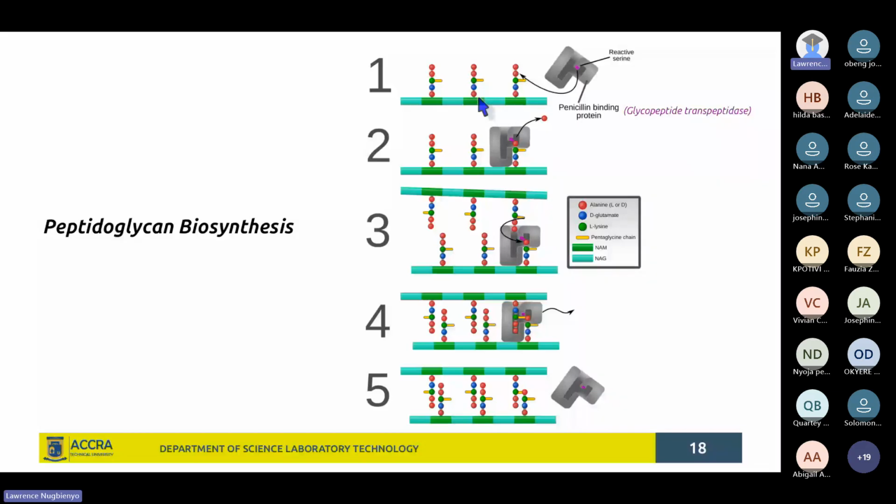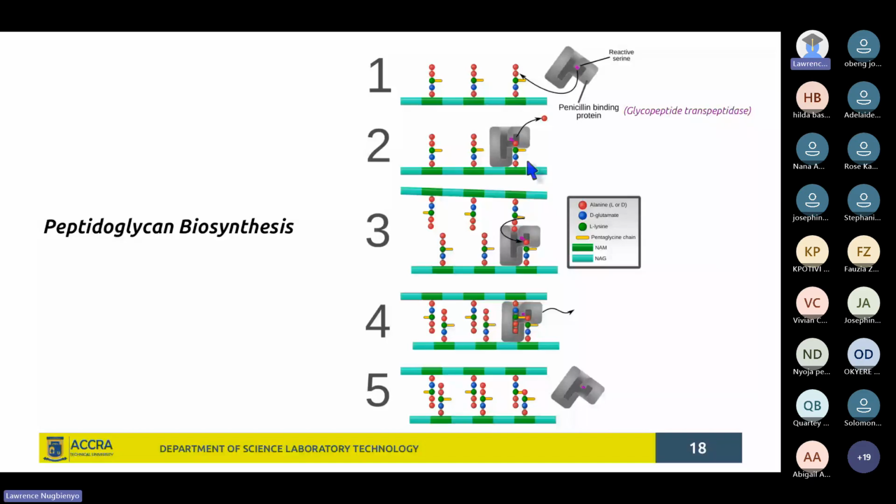Then on the N-acetylmuramic acid residue, you have the tetrapeptides. I think it's a pentapeptide, but of course, when they bind, you see that you have only 4 of those amino acids there. So, say, a tetrapeptide on this N-acetylmuramic acid.